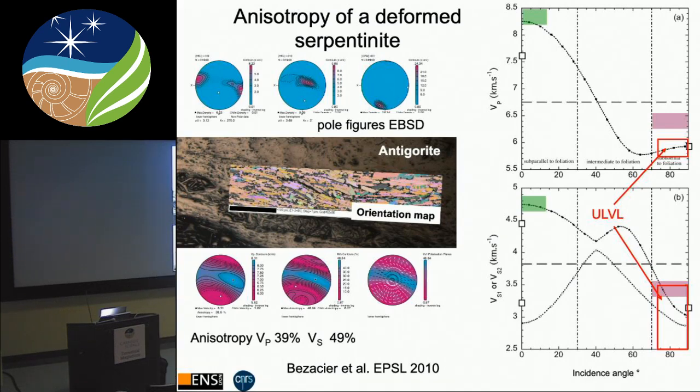Yes? How do you do the average? To the bulk? You measure single crystal elasticity. Yes. Orientation. Oh, there are different sorts of averages. You can do the Hill-Voigt-Reuss.